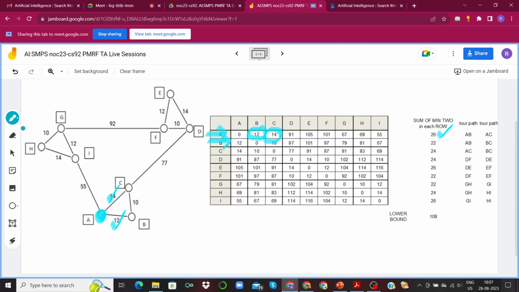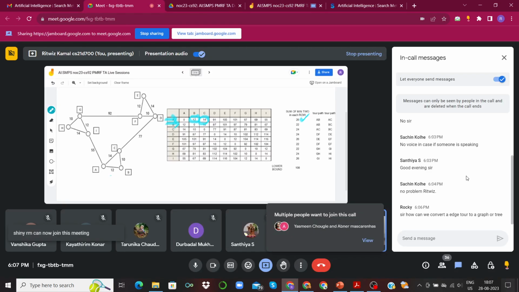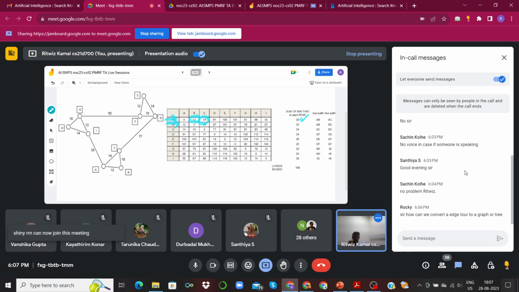If we do the same thing for B, can anyone tell me what will be the two weights that we are going to consider? 12 and 10.